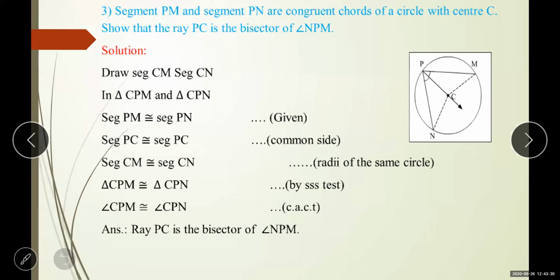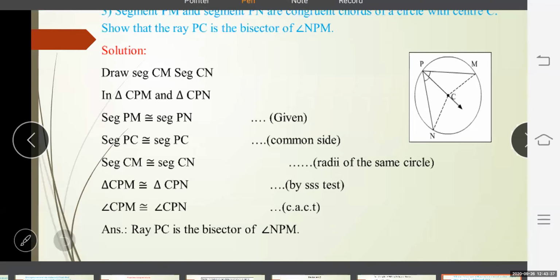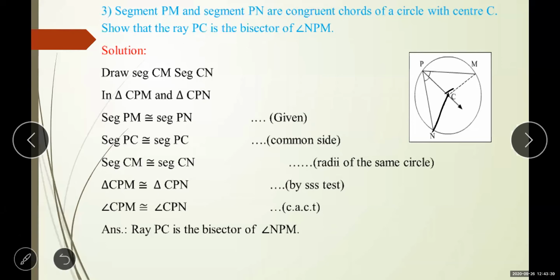Obviously we will join the center with N and the center with M. What do we get? We get two triangles. Which two triangles? If we join CN and CM, we will get two triangles, CPM and CPN.